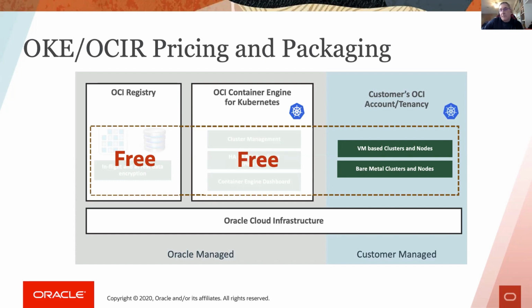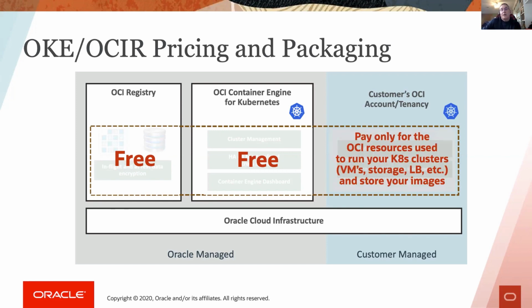The master node and the backup of those master nodes are also free. You do not have to pay for the master nodes. You're only paying for the worker nodes that are deployed inside your Kubernetes environment, and only for those OCI resources used to run your Kubernetes cluster. So it's a very cost-effective model when you want to deploy your cloud native applications.